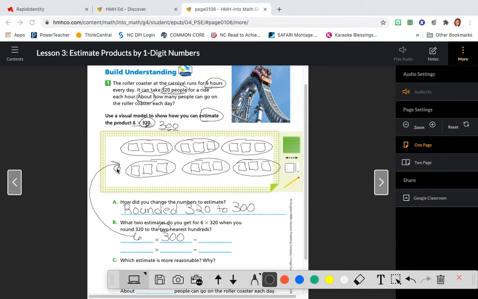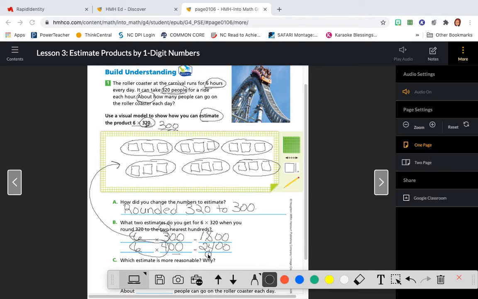That's what our model represents in the box, 6 times 300. Another way that we can estimate is instead of saying 300, the next number up in hundreds would be 6 times 400. So now we're going to multiply. Well, we've got to think about what's 6 times 3. So 6 times 3 is 18, and we're going to put 2 zeros. So that's 1,800. And then we say 6 times 4, and 6 times 4 is 24. And we're going to include 2 zeros and make that 2,400.